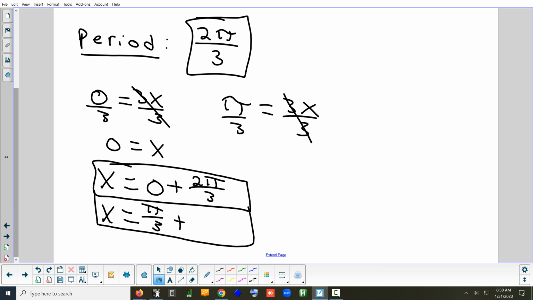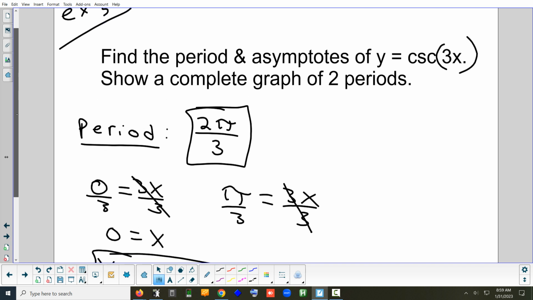The second asymptote is going to occur starting at pi over 3, and then adding multiples of the period from there. And that's exactly like the one in the homework. If you don't put the 0 here, that's okay, because you don't need to put 0 when you do addition. If you leave it like that, that's also okay. But that's how you find your two asymptotes.